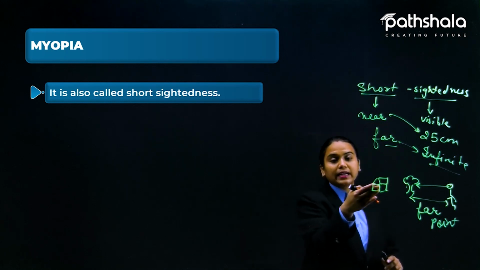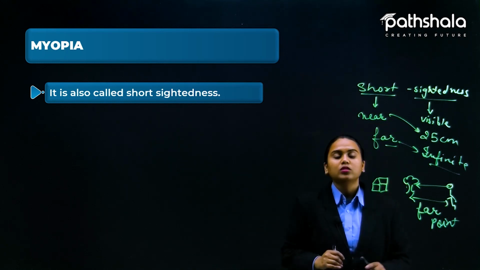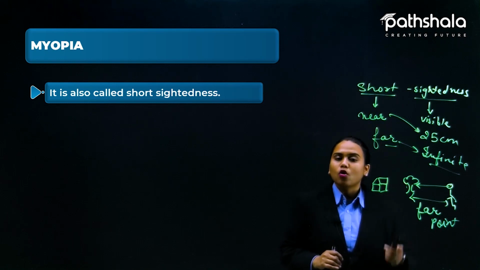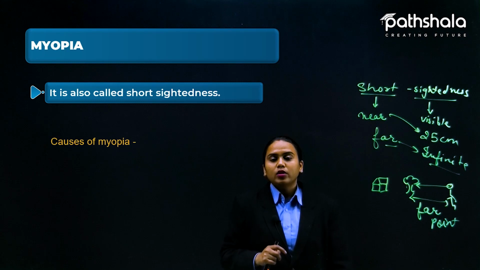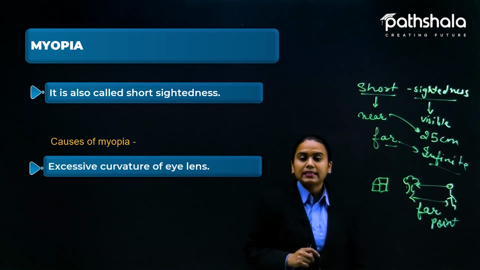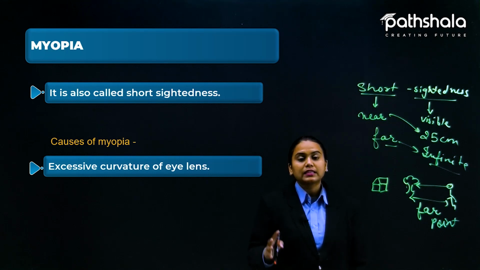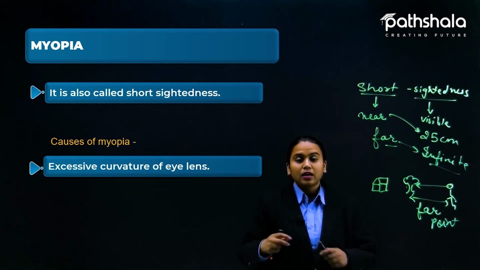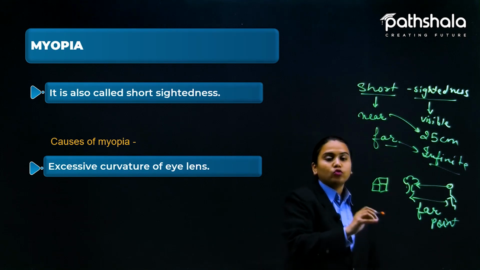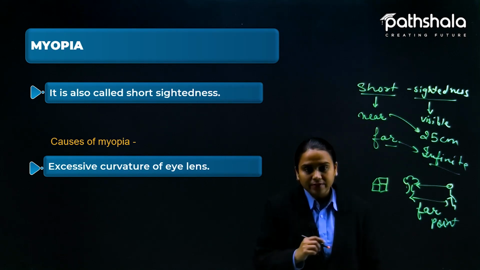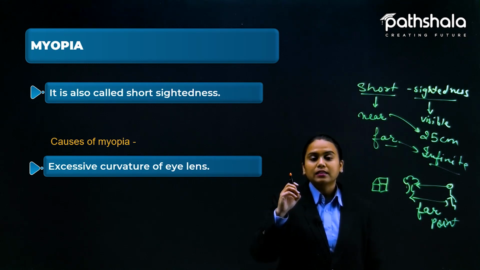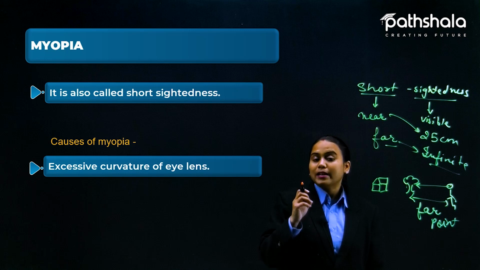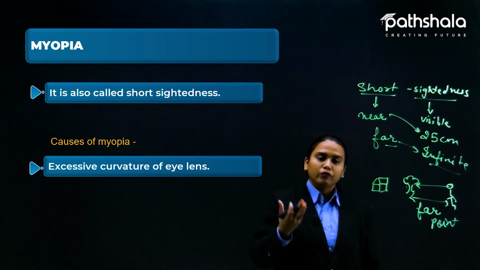That means the light that is coming from this house is not going to focus on the retina. That is what the myopic eye is. The causes of this: the first is the excessive curvature of the eye lens. You know there is a power of lens, and the lens that we have as an eye lens is a natural lens, made in the shape of a convex lens.